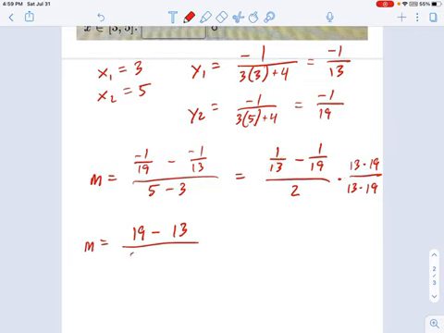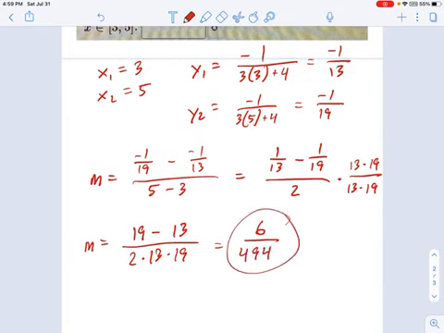And on the bottom, we have 2 times 13 times 19. So this equals 6 over, not doing that in my head. Hold on. 2 times 13 times 19. Great. 6 over 494, which I will not bother to reduce. You can just enter it that way.